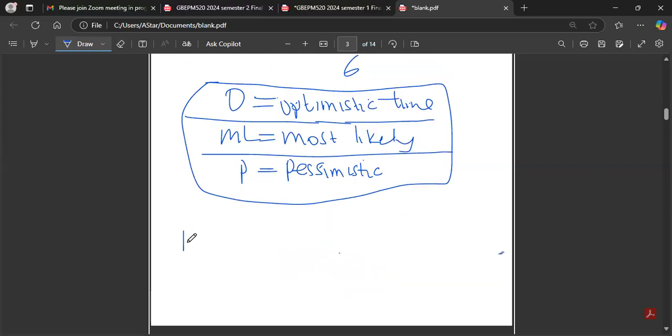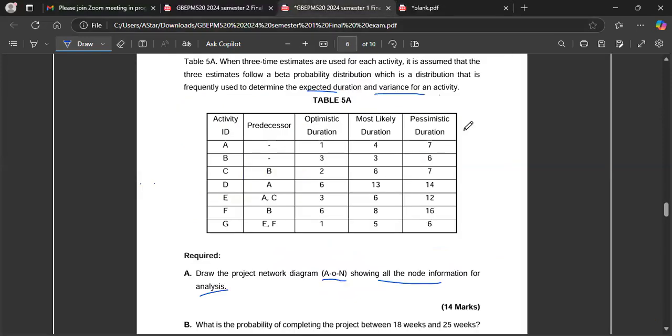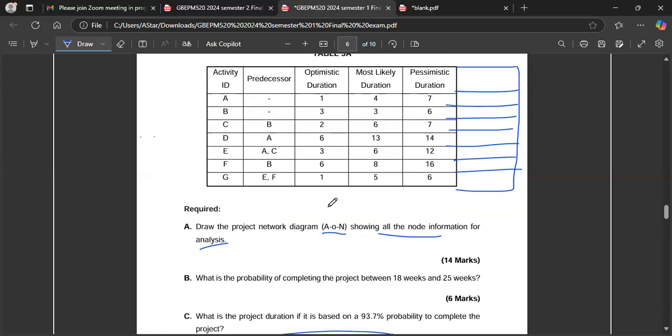So what is activity A? Activity A, let's now solve. Here we can calculate using the same formula. Let's start calculating so that we get the answer. Which formula are we using? O plus 4M plus P over 6.